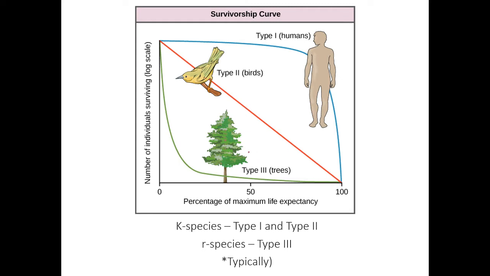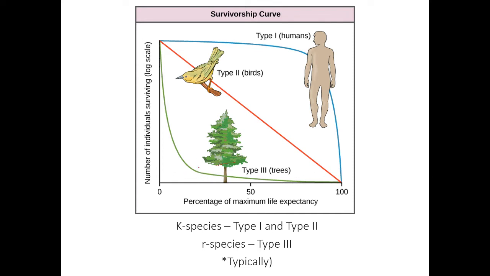The last type is type 3. An example here is trees. In a type 3 graph, you see a very quick drop in life expectancy for the percentage of the individuals. What this means is that the majority of individuals of a type 3 do not make it very long. But once you get a species that has made it a pretty good span, 25% of the maximum, their likelihood of survival is now very good.